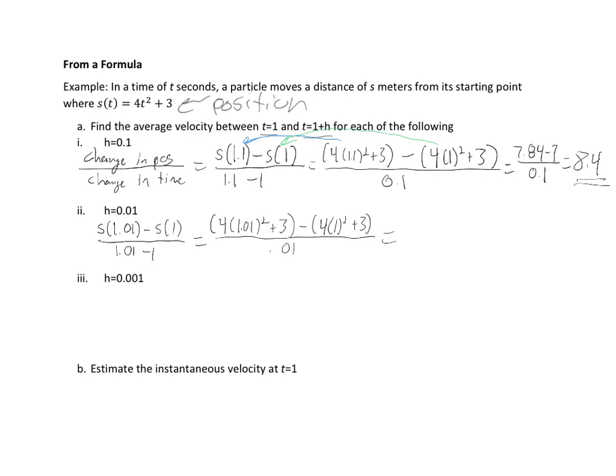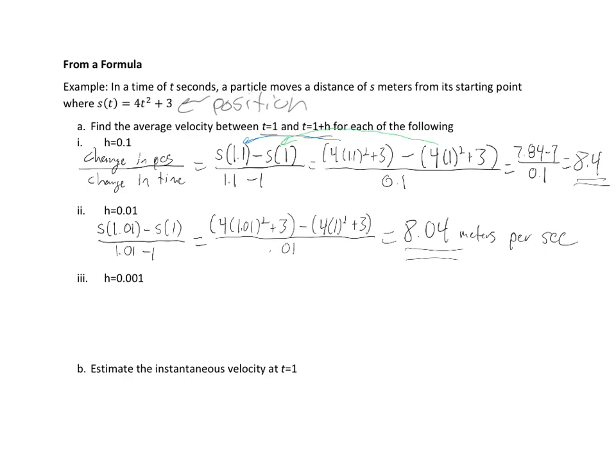If you work that math out, you get 8.04. And so over this shorter period of time, where we've only added 0.01 seconds, the particle's average velocity was 8.04, and that's in meters per second.